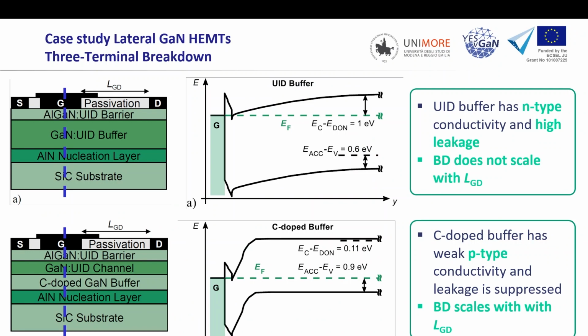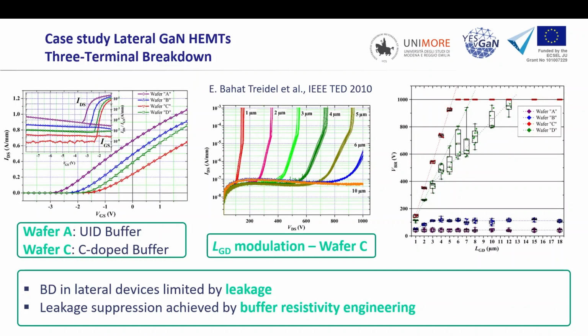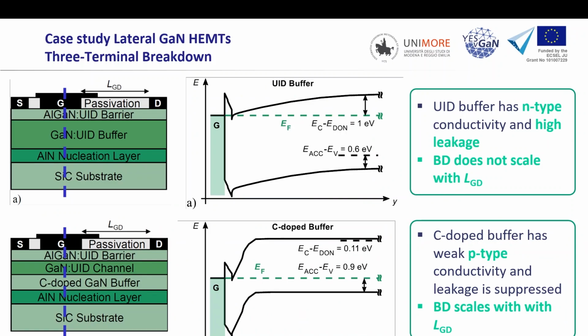We compare two different kinds of devices. One that had no extrinsic doping, so an unintentionally doped buffer, which corresponds basically to this wafer A here, which has a lower threshold and a slightly higher current. As you can see here from the band diagram, your Fermi level will be kind of close to the conduction band, so you will have a very high leakage.